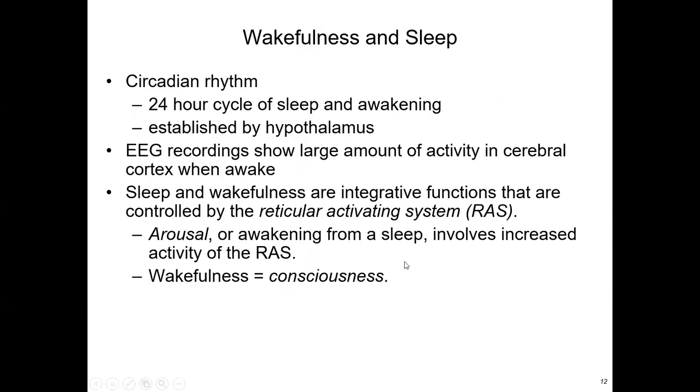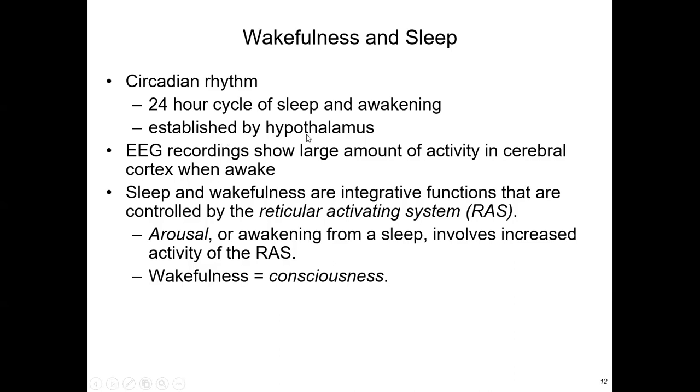I think it's a good idea, even though we may have covered part of this in the previous lecture, to look at the integrating functions. And this includes wakefulness and sleep. A part of our brain, the hypothalamus, knows, based on visual cues, when we're supposed to be awake, when there's daylight, and when we're supposed to sleep, when there's no daylight.